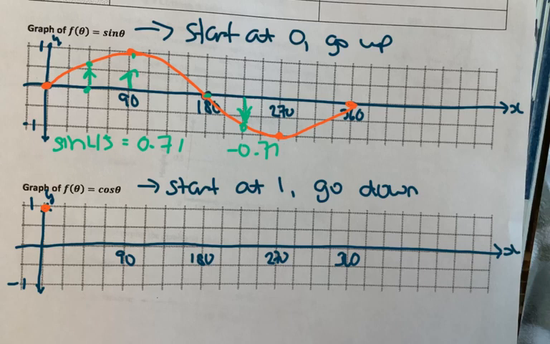Our zeros are 90, 270, and 450. So halfway between 90 and 270, we hit -1. That's 180. And then at 360, we're back up to 1 again. Now we're going to connect these with a smooth curve. And that is the cos curve.